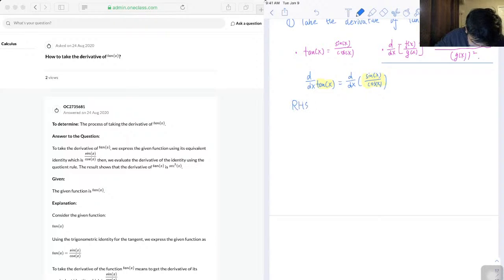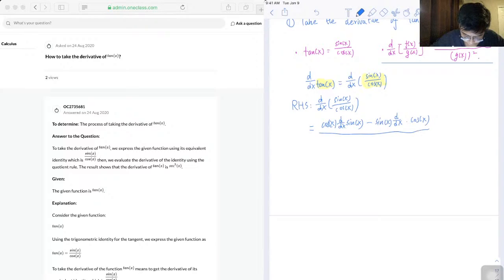The right-hand side, d dx of sine x over cosine x, is equal to cosine x times d dx of sine x, minus sine x times d dx of cosine x, over cosine x squared.